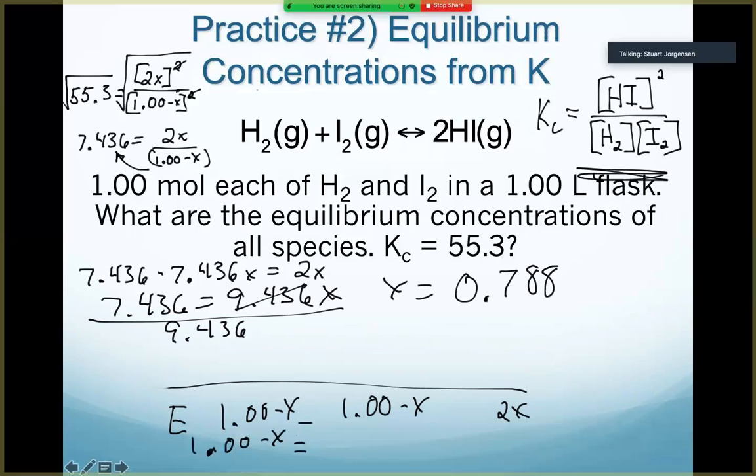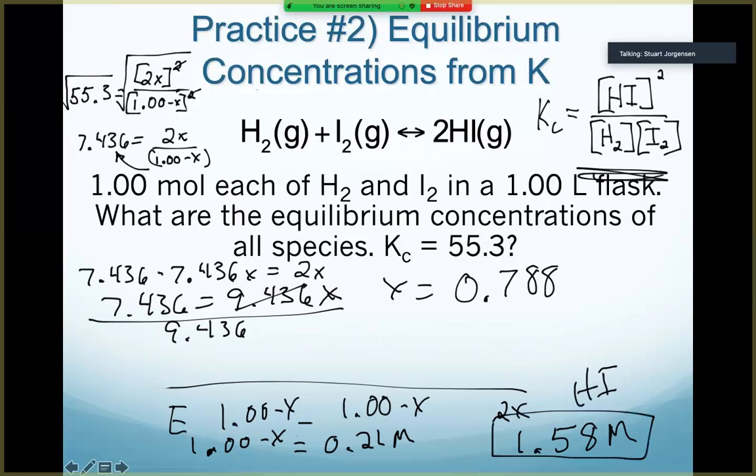So that's going to come out to 0.21 molar for both our hydrogen and iodine here. We would take our 0.788 times 2 to solve for our product. In this case, it's going to be 1.57, 3 sig figs, so 1.58 molar for our HI at equilibrium.